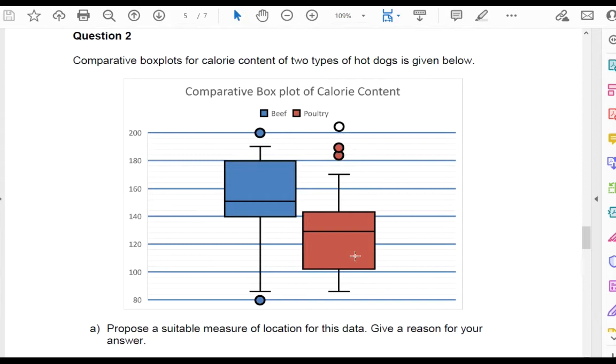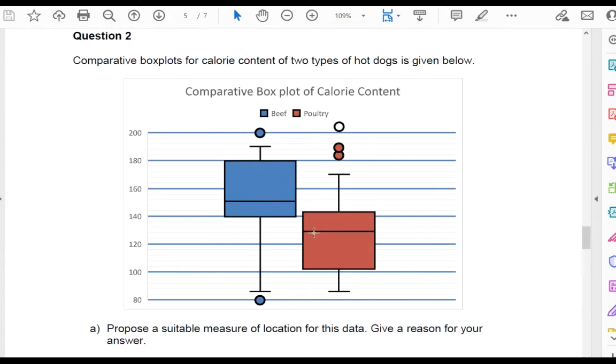When you look at these 2 box plots, you can see most of your data is actually quite high versus this one here. So we can immediately see that the beef has a higher calorie content than the poultry most of the time, although there are a few outliers. The majority of the time you're going to find more calories in the beef.